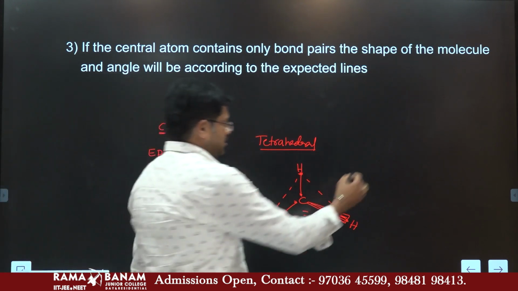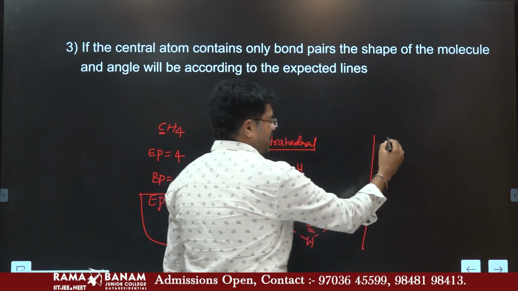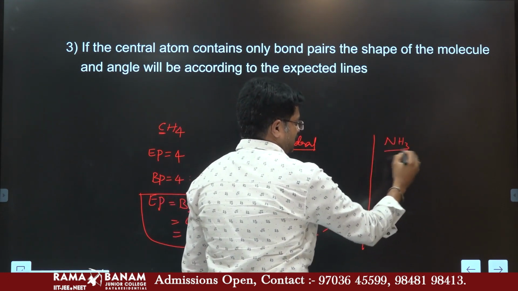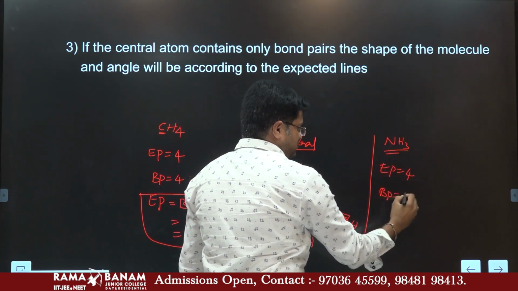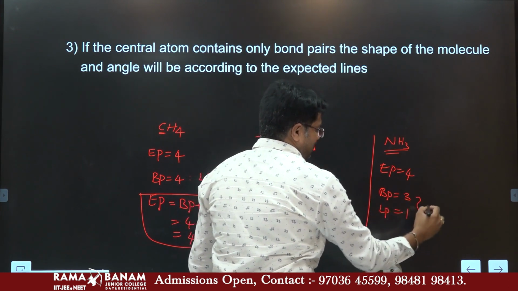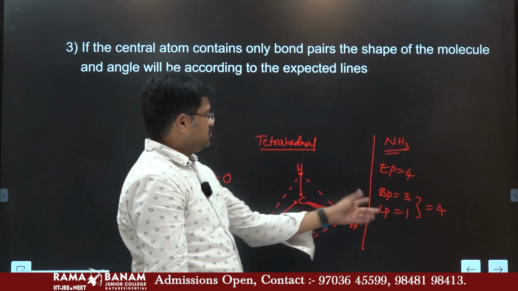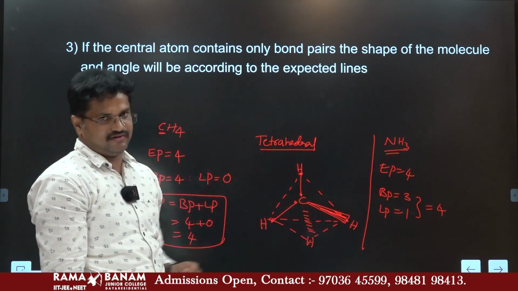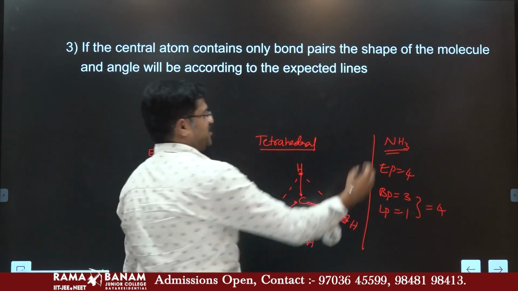But in the case of ammonia, electron pairs are 4, bond pairs equal 3, but lone pairs equal 1, so the total electron pairs equal 4. We expect the geometry to be tetrahedral, but here one lone pair is there.